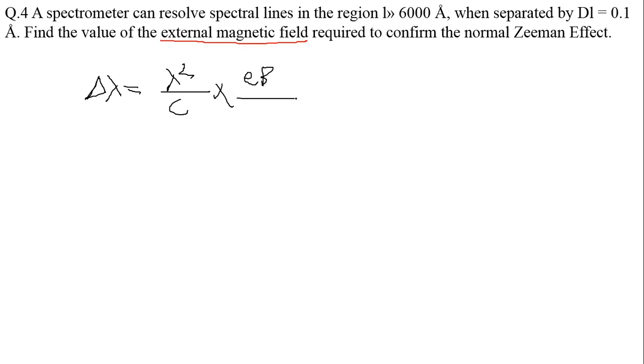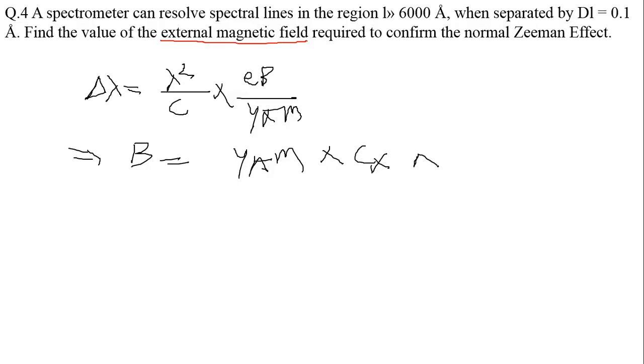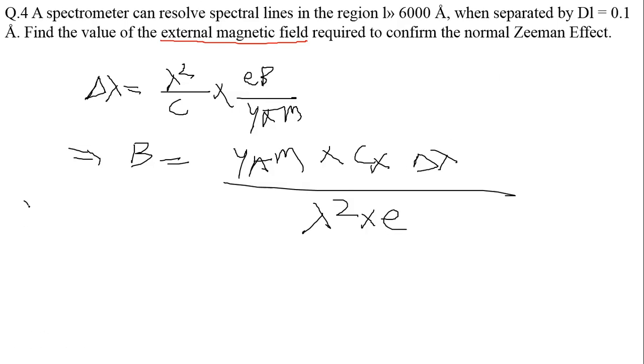That implies, what will be the value of B? B will be 4 pi m into c into delta lambda divided by lambda square into e, and the values are given in the question.